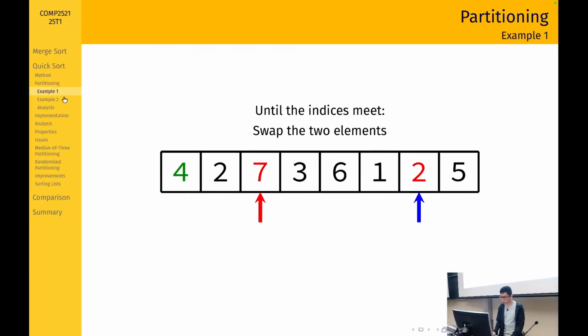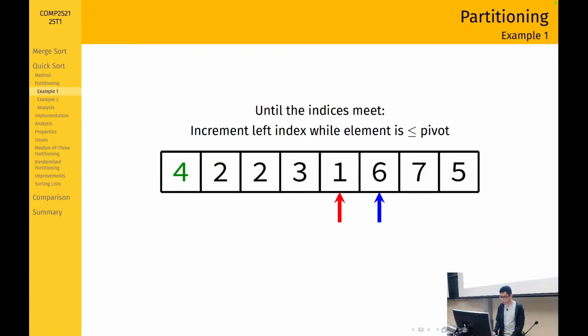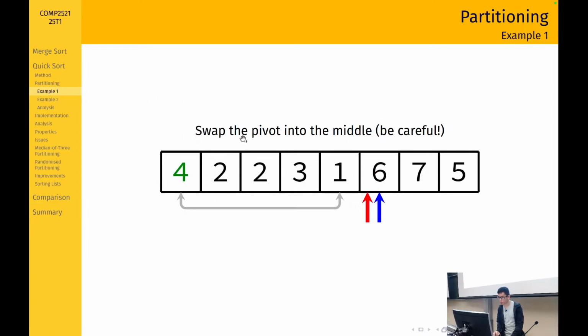So in this case, remember we needed to swap with the element to the left, right, of where the indices met. So you can walk through this example and see why that if statement is necessary.